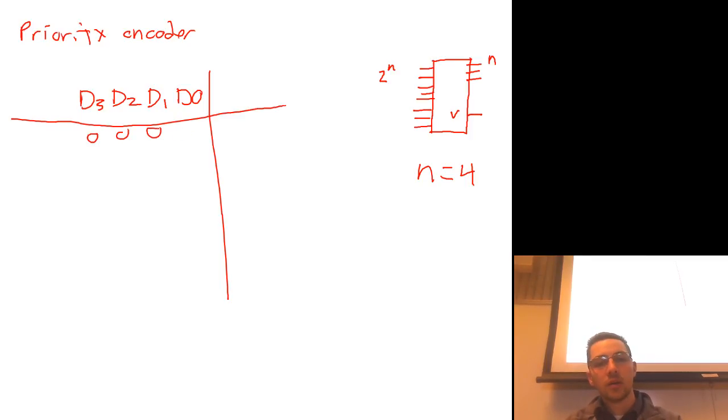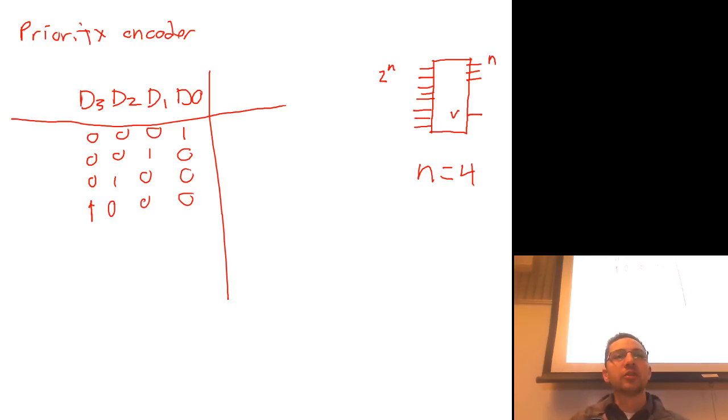So these are the acceptable outputs from a decoder, right?